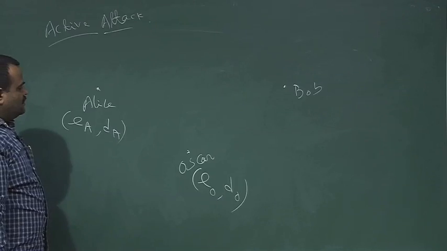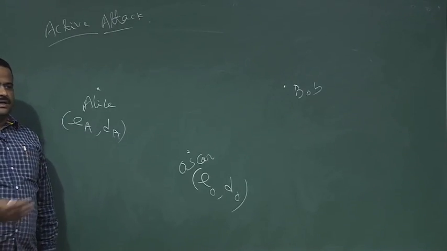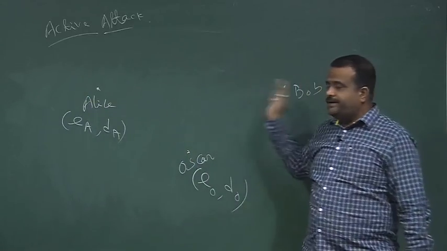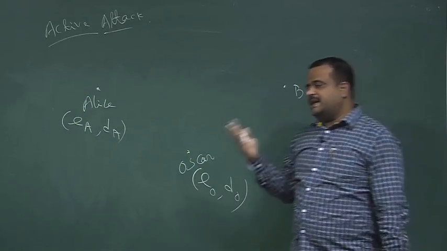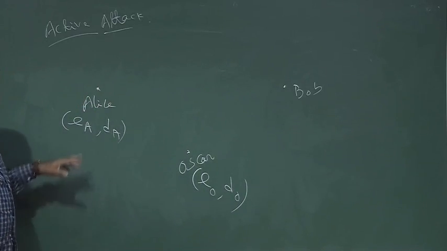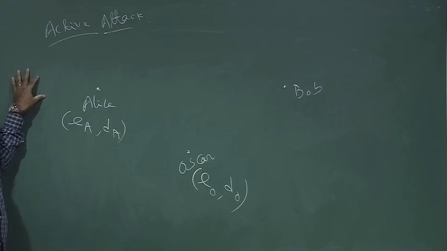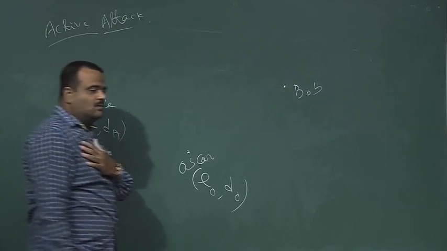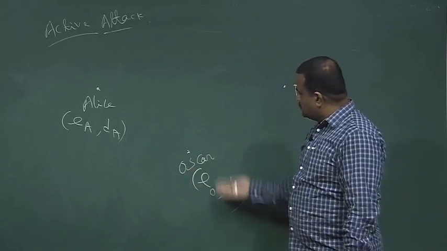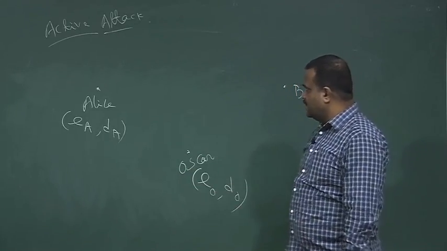Oscar is also running the key generation algorithm and generating the public key crypto system. Maybe they agreed that we are going to use the RSA crypto system. So Alice has to run the key generation algorithm: choose p, q, then phi n equal to p minus 1 times q minus 1, like this. Oscar is also doing the same thing.